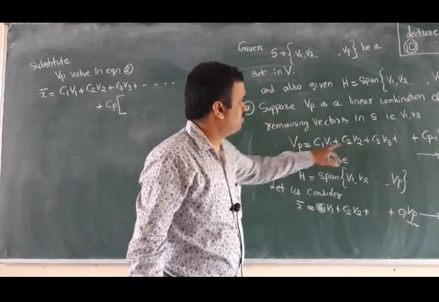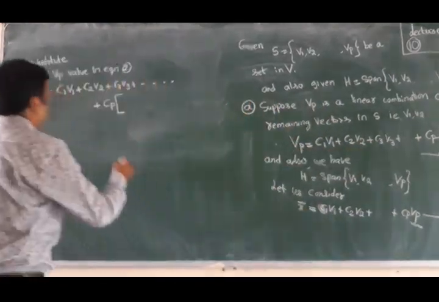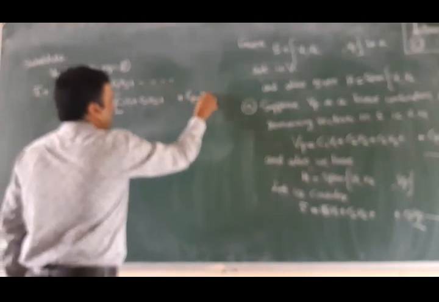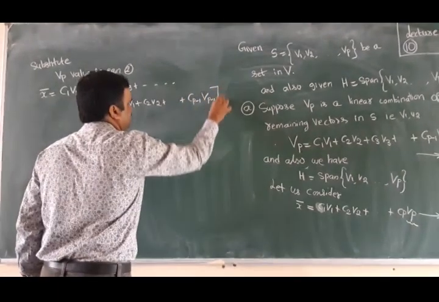For Vp we have to write equation 1: C1 V1 plus C2 V2 plus so on Cp minus 1 Vp minus 1.